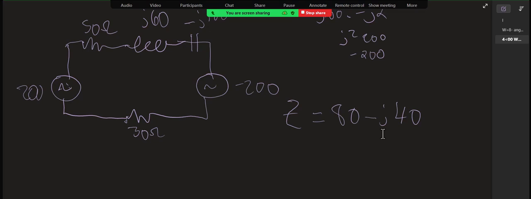And so our current, if we look at our total voltage here, so this side, this is plus, this is minus, this is plus, this is minus.